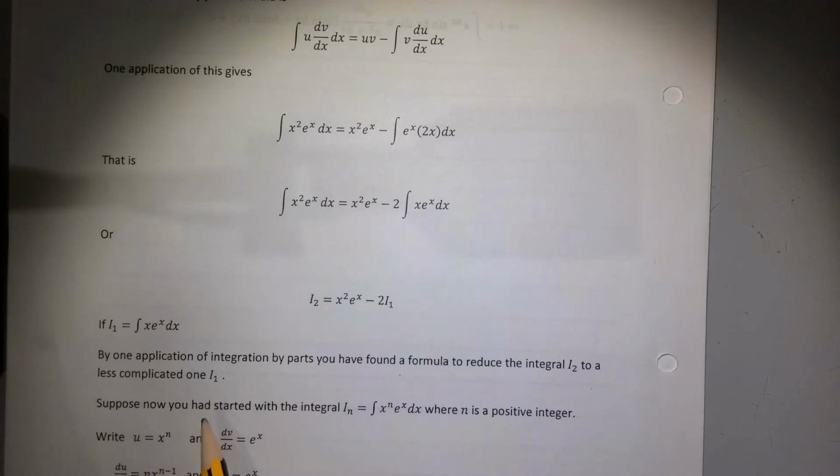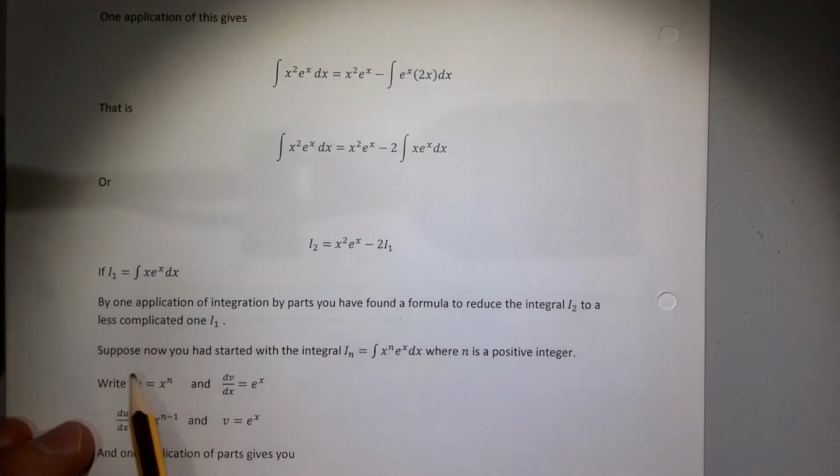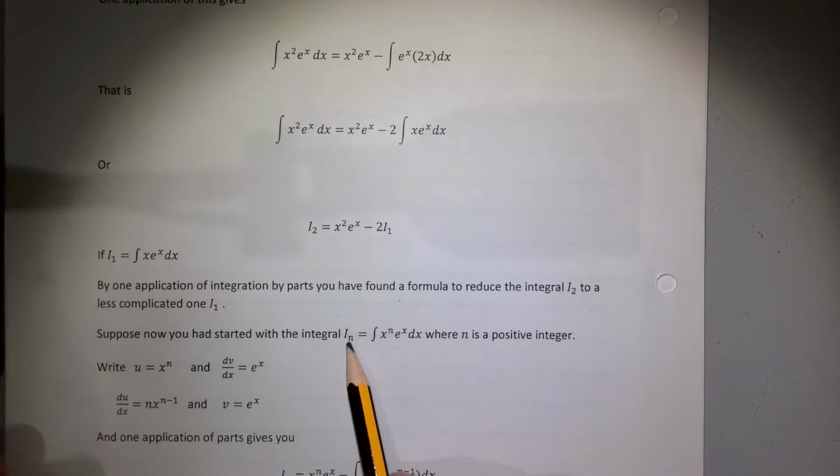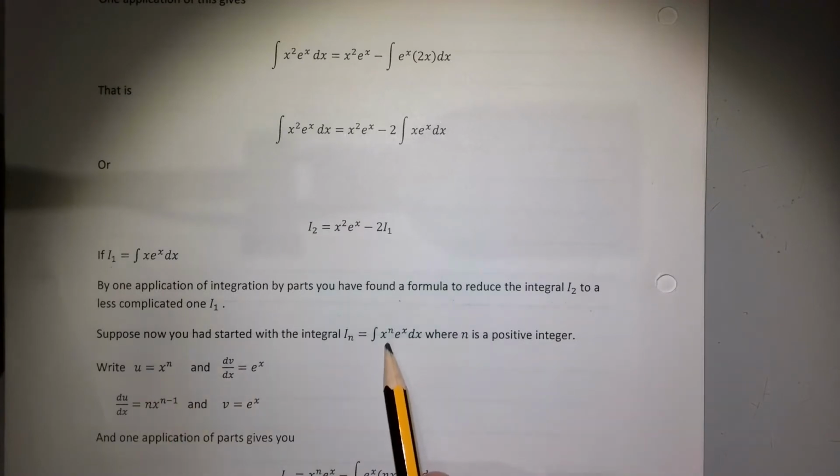So by one application of integration by parts, you've found the formula to reduce I2 to a less complicated one, I1. Suppose instead of starting with 2, you start with n, so I n is equal to the integral of x to the power of n e to the x, where n is a positive integer. Here, we'll let u equal x to the n, so du by dx is n x to the n minus 1. dv by dx is e to the x, so integrating you get e to the x.